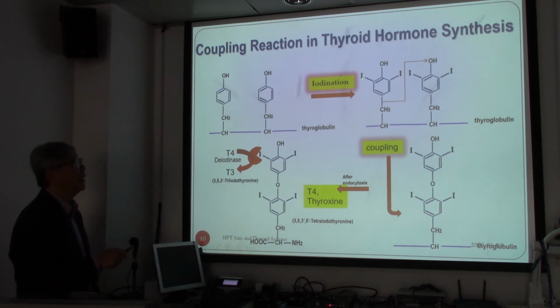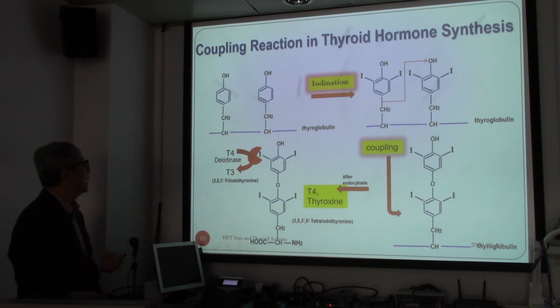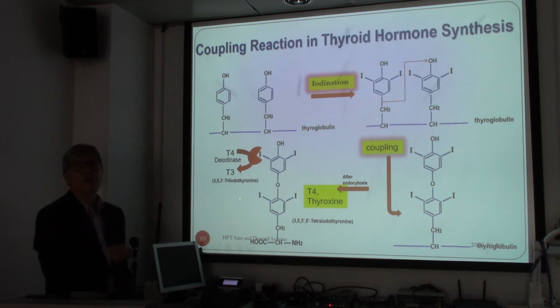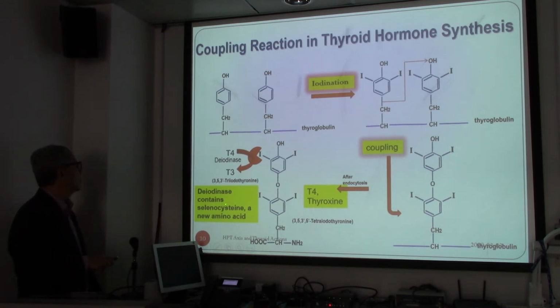diiodotyrosine. When two join together, that is T4, also known as tetraiodothyronine in this structure. We need an enzyme known as T4 deiodinase, to clip out this iodine, forming a more active thyroid hormone known as T3, triiodothyronine. These deiodinases also contain a very special amino acid known as selenocysteine.